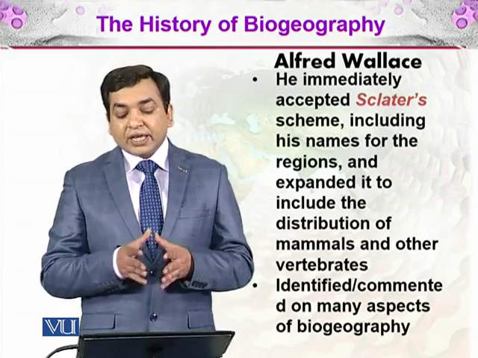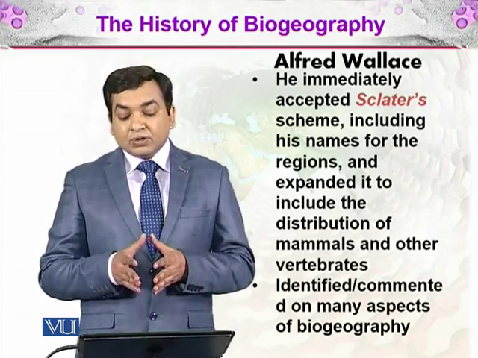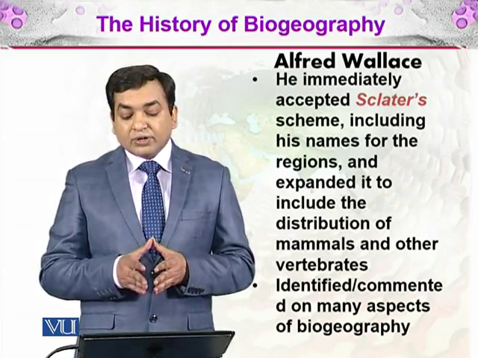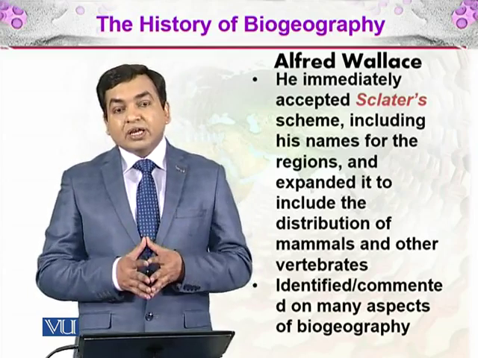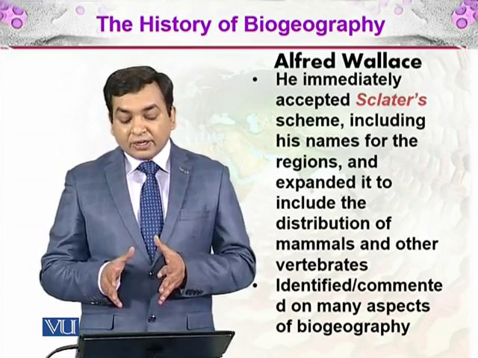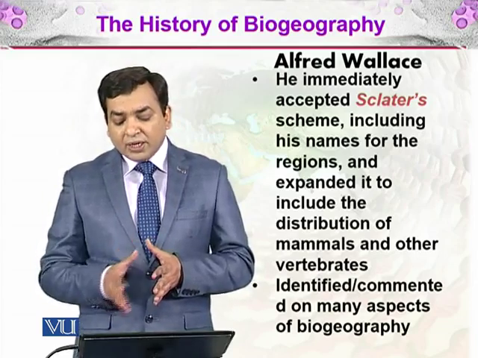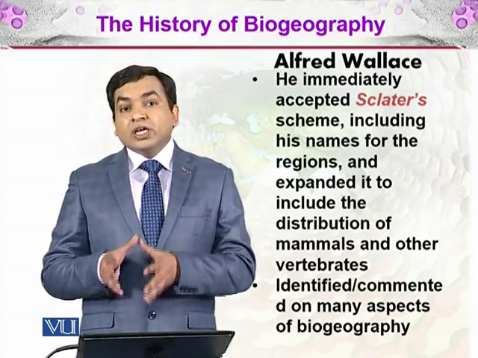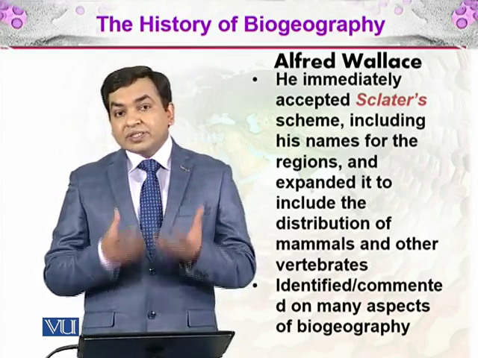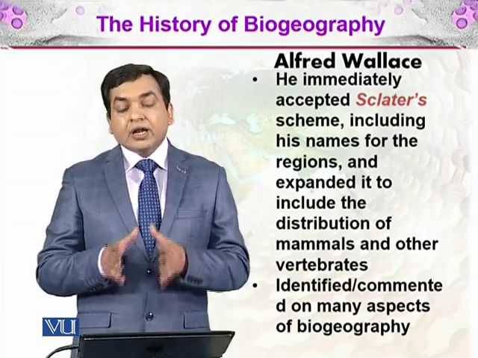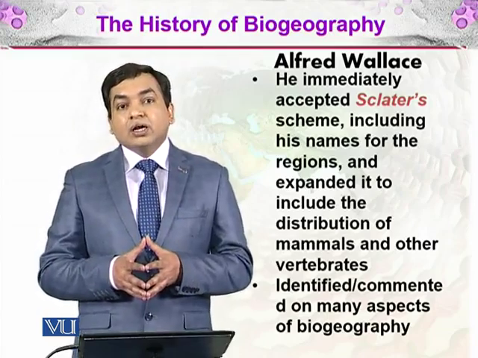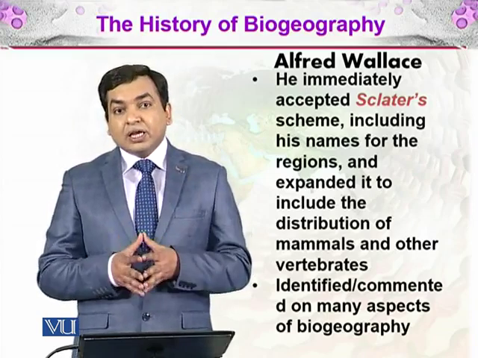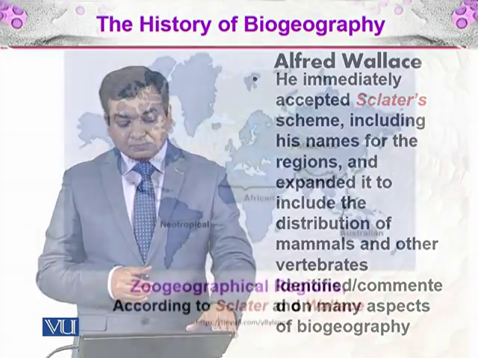He immediately accepted Sclater's scheme, including his names for the regions, and expanded it to include the distribution of mammals and invertebrates. He identified and commented on many aspects of biogeography. He and other scientists were working really hard in zoogeography, and Wallace is one of the big names in zoogeography.